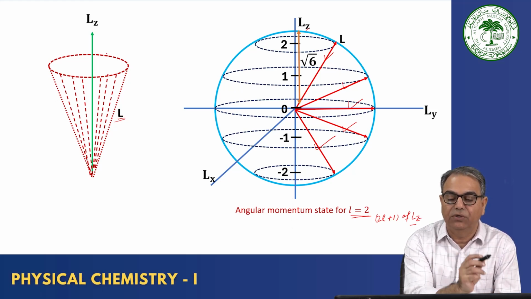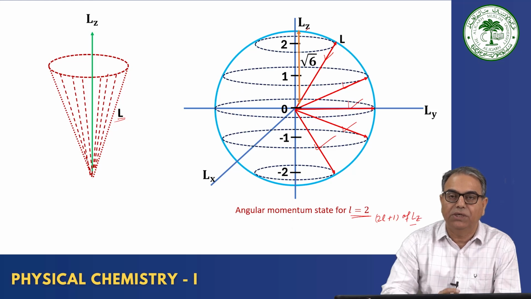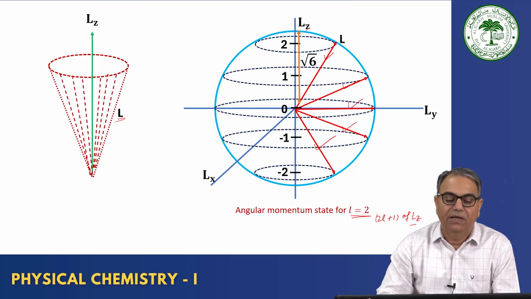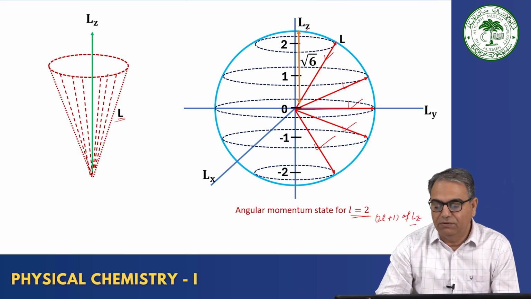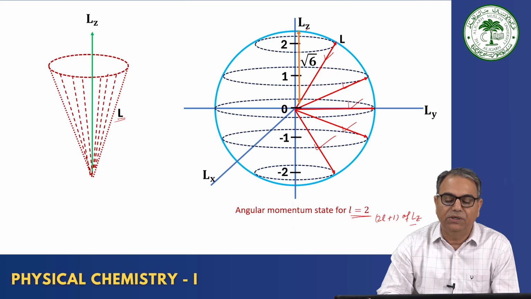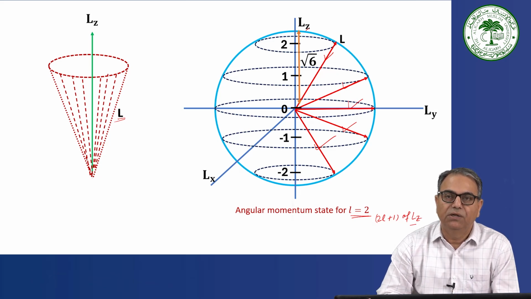That is a very important motion called precessional motion, and it has much relevance in spin spectroscopy, which I will not be doing in this module. But if you come across precessional motion, you can revisit this angular momentum module and see how we get the Lz component motions.